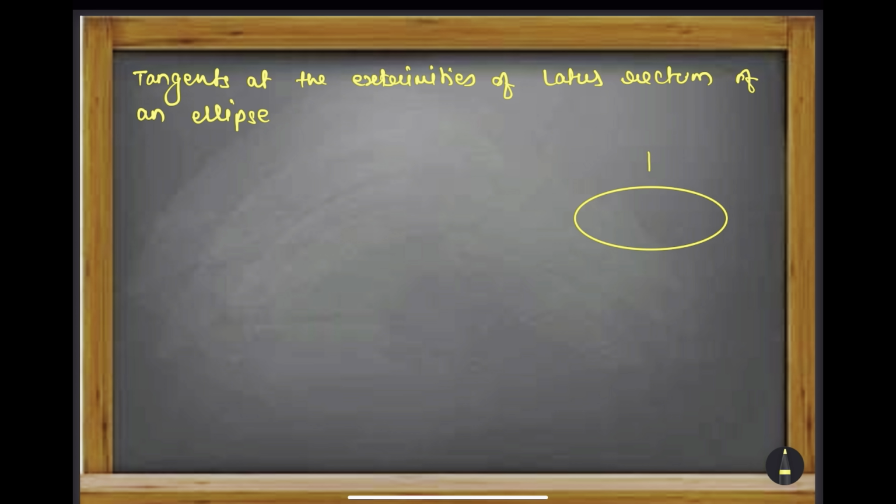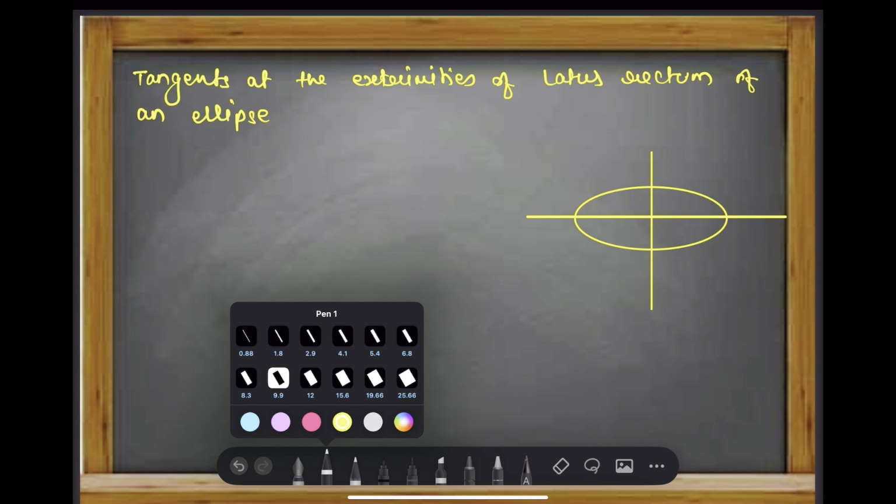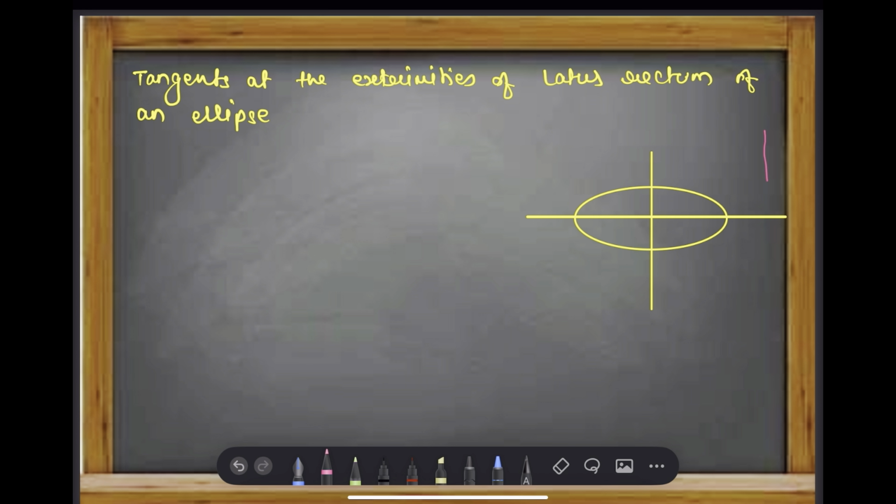Suppose you know that it is the y-axis, you know that it is the x-axis, you also know that it is directrix 1, it is directrix 2. So the idea is, I want you to tell me, suppose this is the latus rectum.